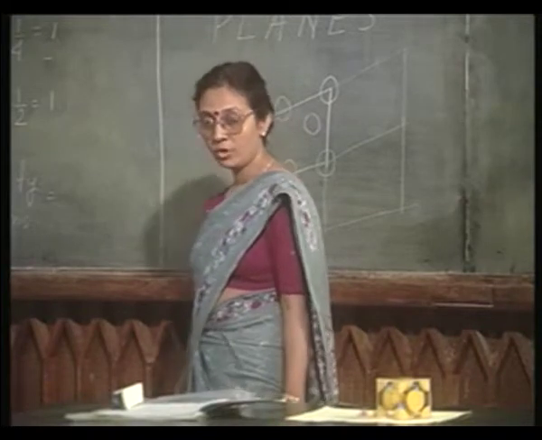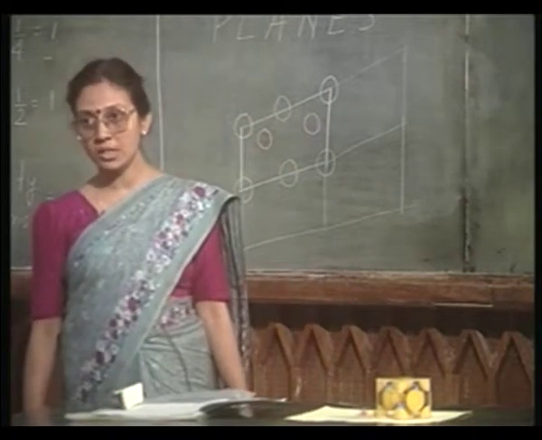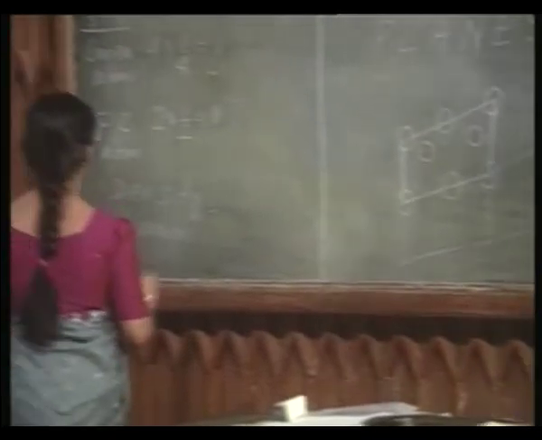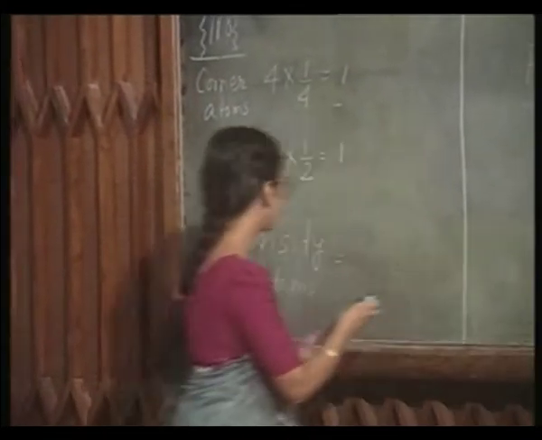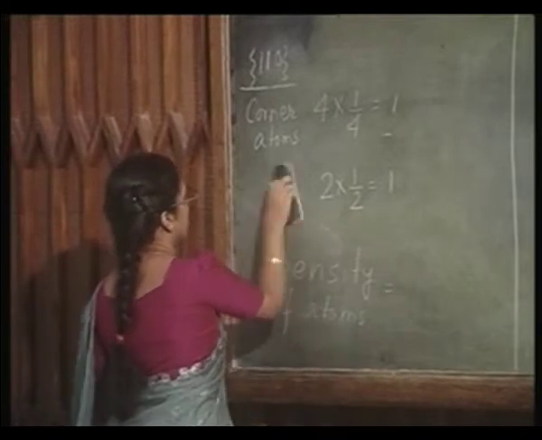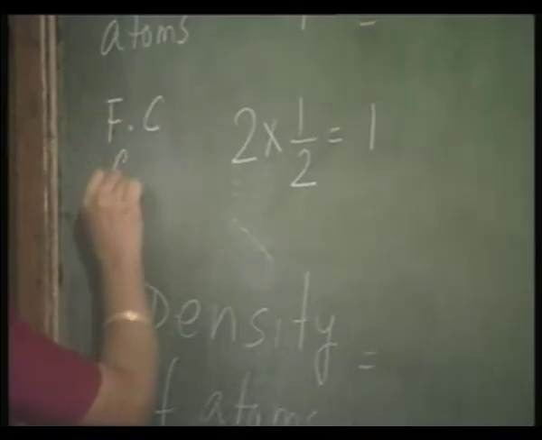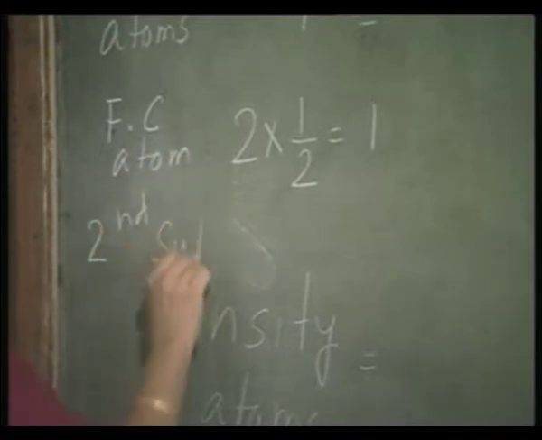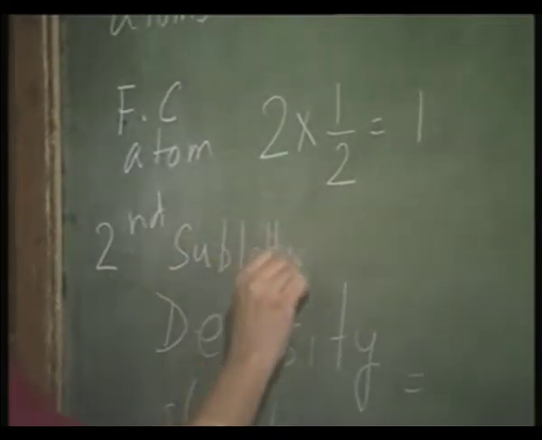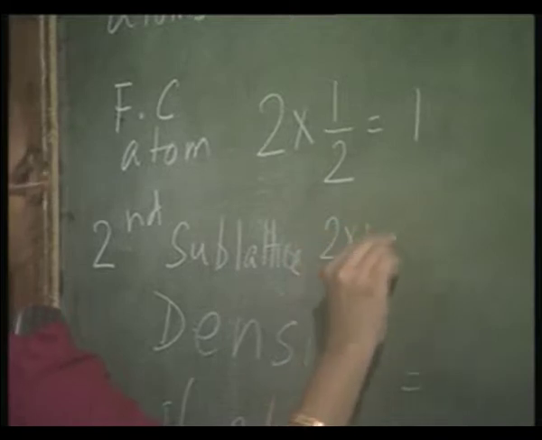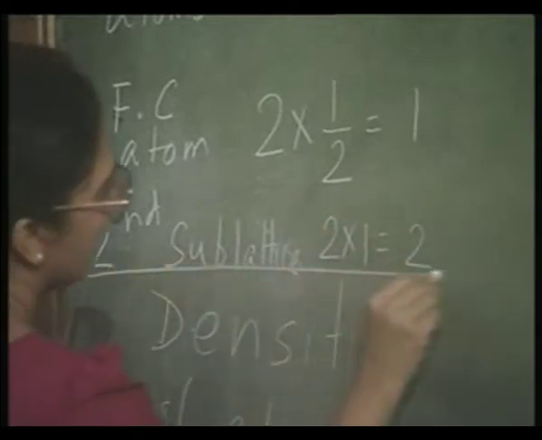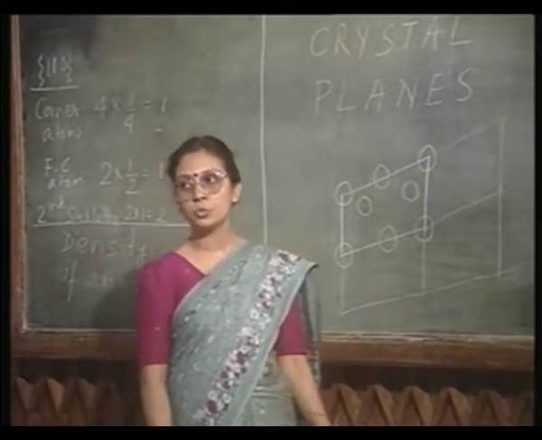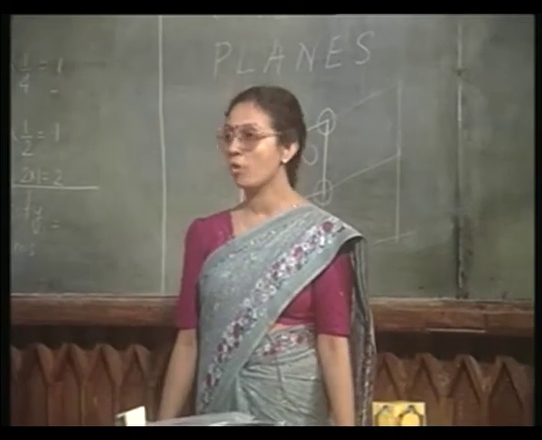Therefore, the contribution is going to be unity for each one of them, and for 2 such second sublattice atoms, therefore, the total atomic contribution to the 110 plane is 4.